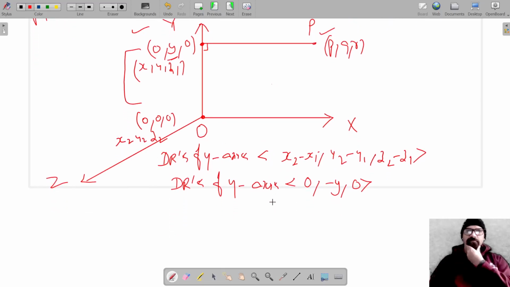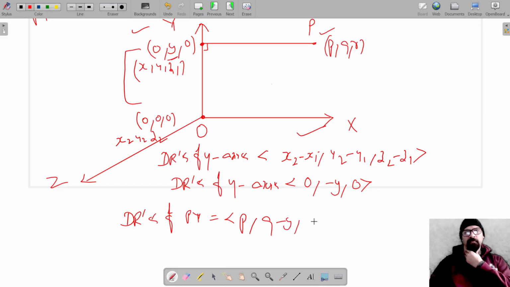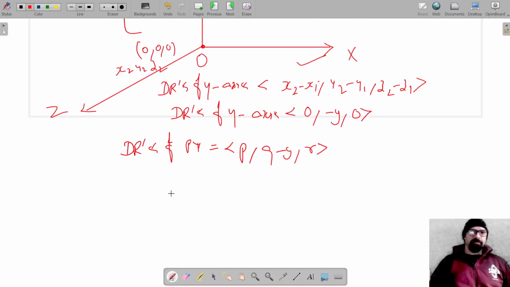Now let's also find the direction ratios of Py using the same formula. So this is p minus 0, q minus y, and then r. Now this y-axis is perpendicular to Py. That means the sum of the product of the direction ratios should be equal to 0.